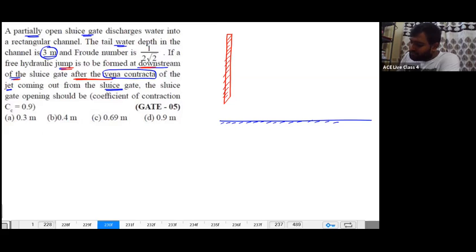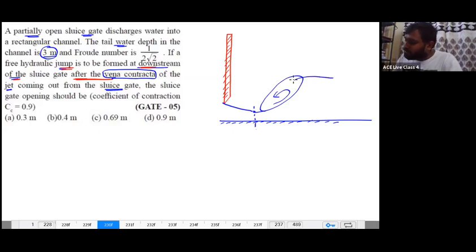So first, the flow will contract, and you know the meaning of vena contracta. The vena contracta is a section where the flow area is going to be minimum, and from here itself they are saying, see, clearly they are mentioning after the vena contracta. So now after the vena contracta, the hydraulic jump is going to be formed like this.